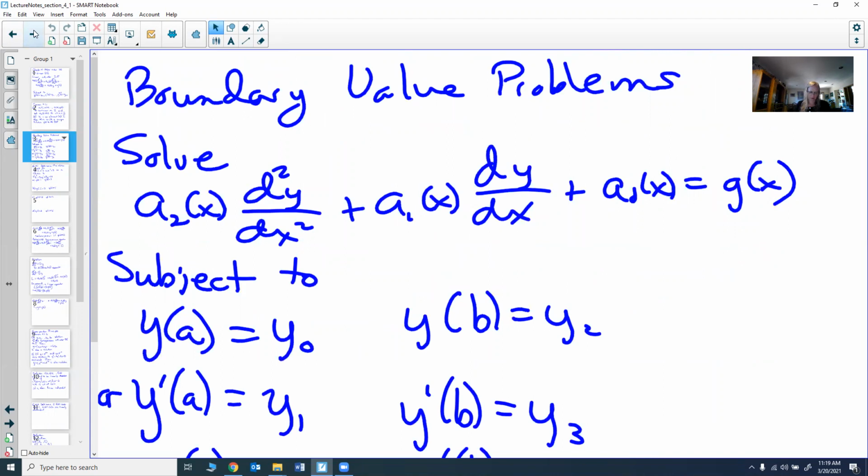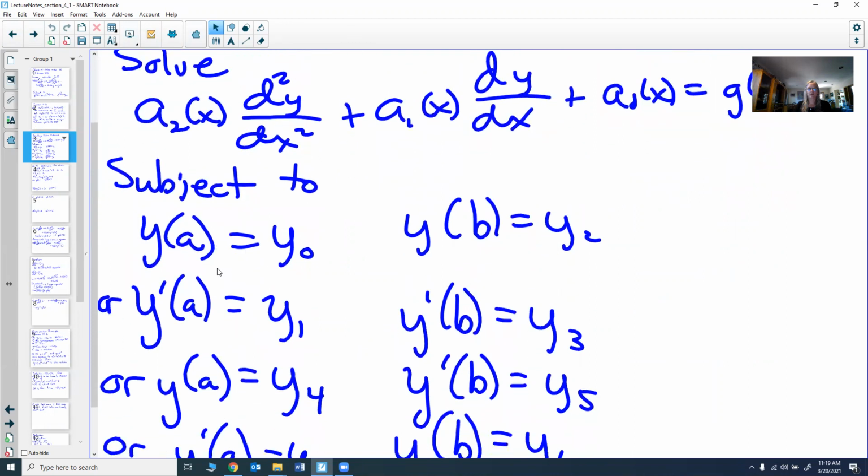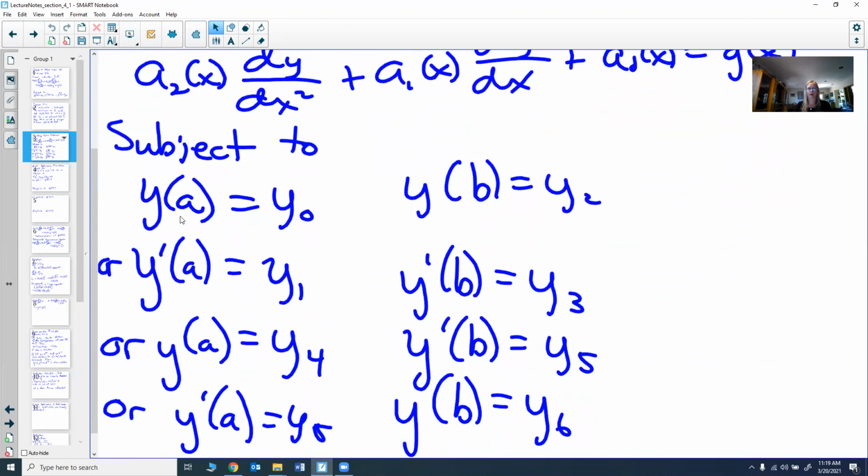We also have such a thing called boundary value problems. Those are a little different. Boundary value problems are where, again, you're solving some differential equation. Let's look at a second order differential equation, which will have a second derivative involved. It's subject to conditions where you could have y of a equals y0 and y of b equals y1, or whatever you want to call it.